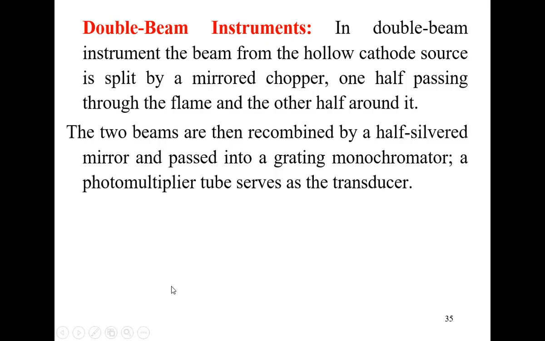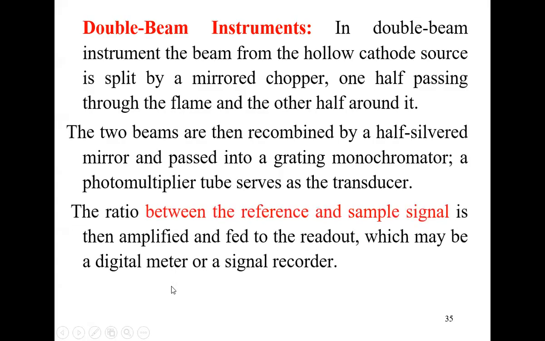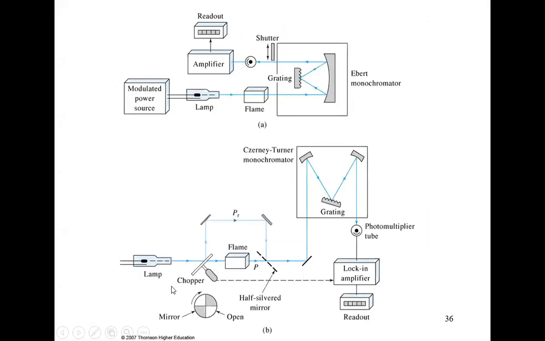Then there is a comparison that's made. Typically, this is what you did in the UV-Vis spectrophotometer. The two beams are then recombined by a half silver mirror and passed into a grating monochromator, and the ratio between the reference and the sample signal is then amplified and fed into the spectrophotometer.